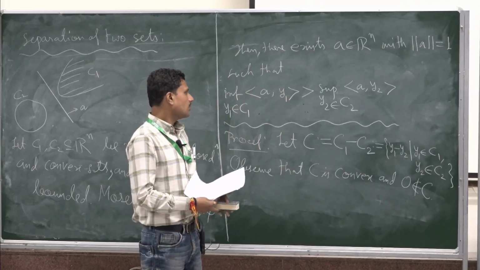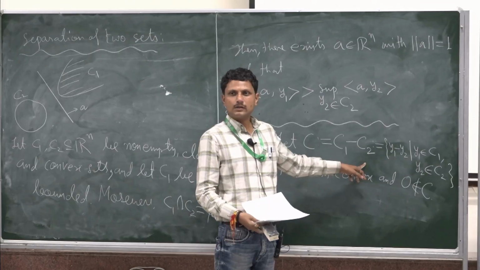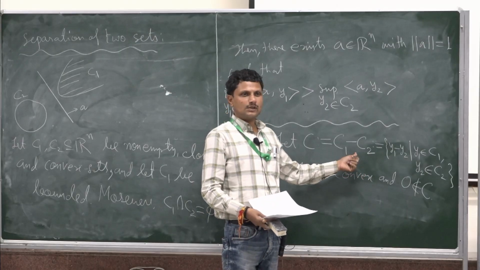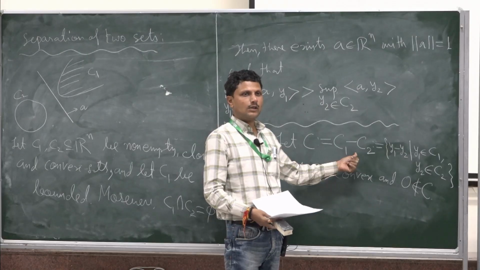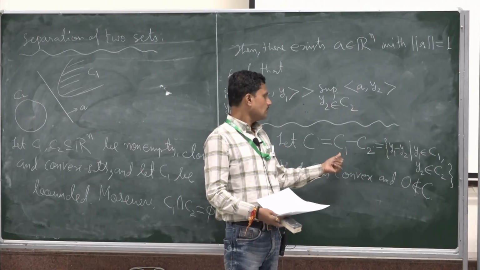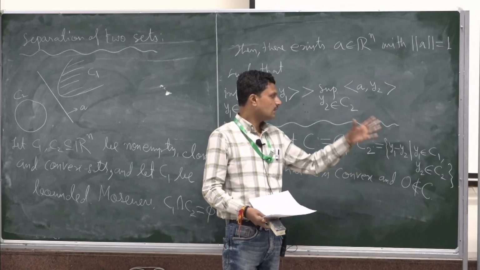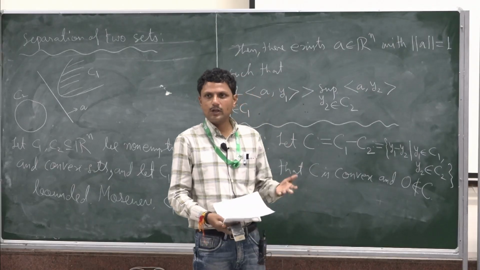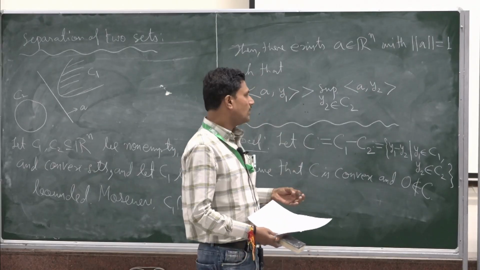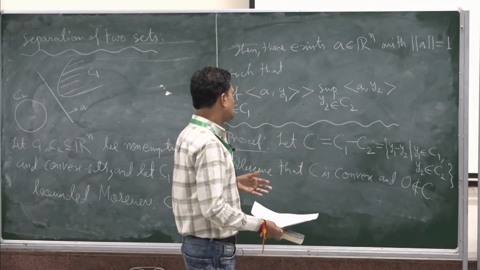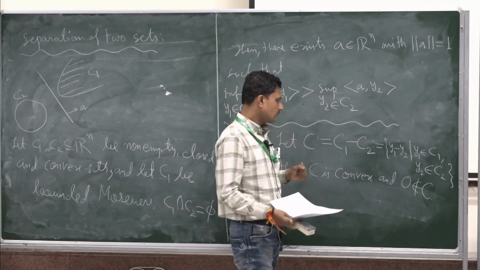Why? Because C2 is a convex set. If you multiply a convex set with any scalar, it will remain a convex set. C1 is a convex set, and if you add two convex sets, their sum will also be a convex set, right? So by all this algebra of convex sets, this set C is convex.